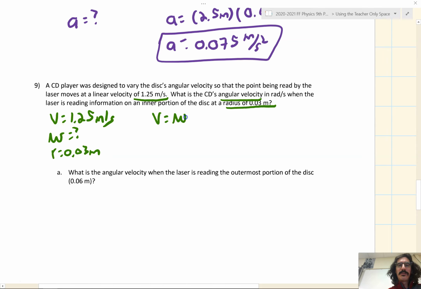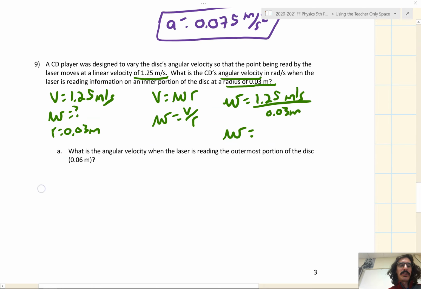The conversion is v equals omega r. So omega equals v over r. That's 1.25 meters per second over 0.03 meters. That gives us an angular velocity of 41.7 radians per second.